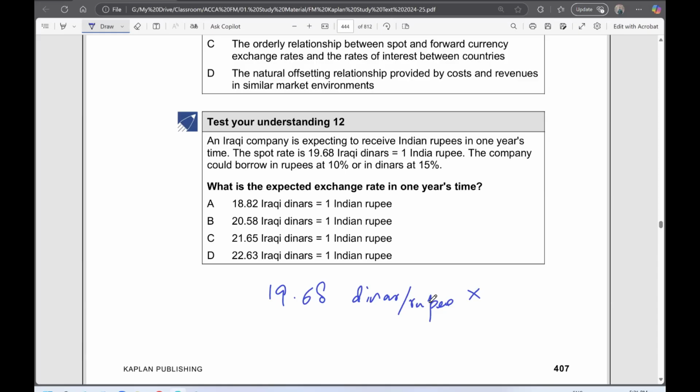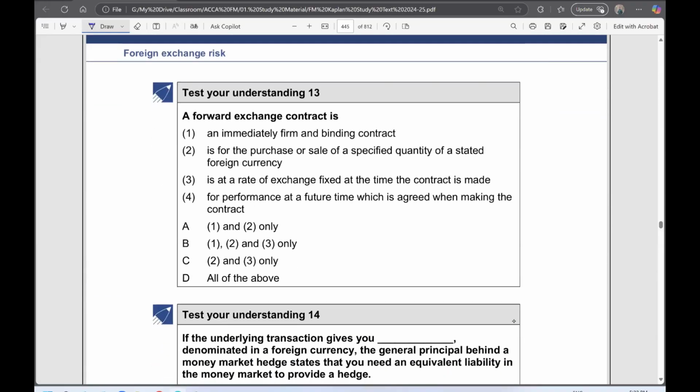So the Iraqi rate of interest is 10%, 1.10 divided by the Indian interest rate, 1.15. Sorry, 10% is the rupee. So the rupee is down and the dinar up, 15% for the dinar. So the answer is B. Okay, B is the answer. Next one.